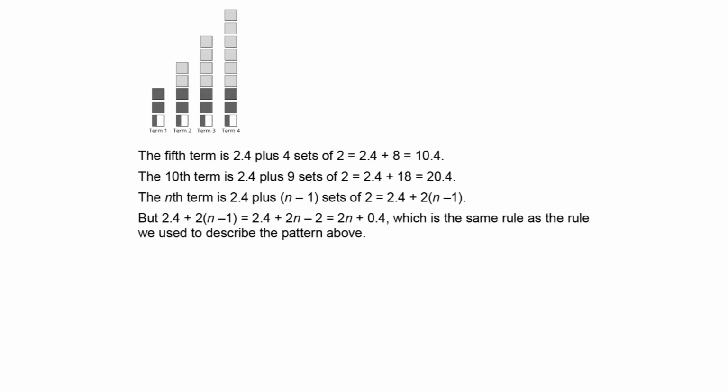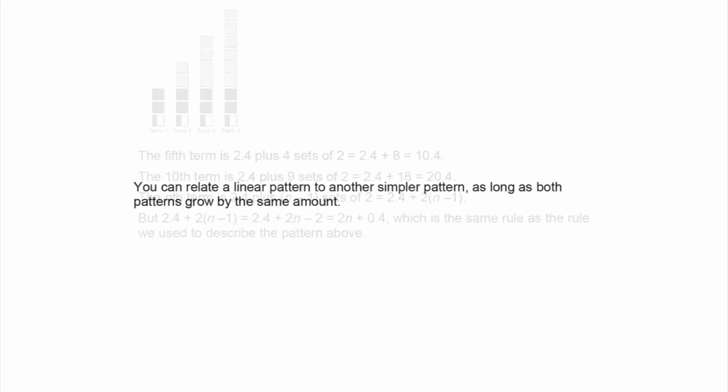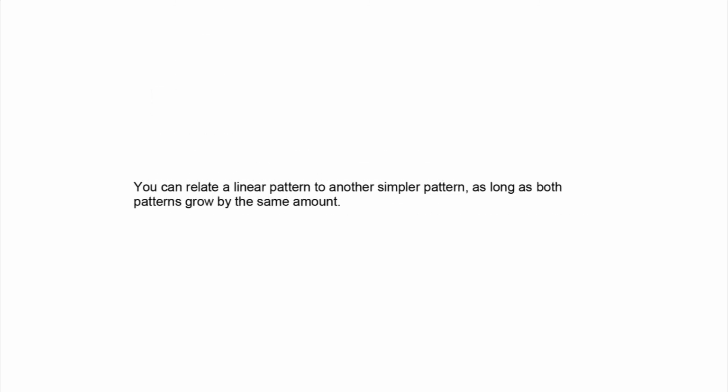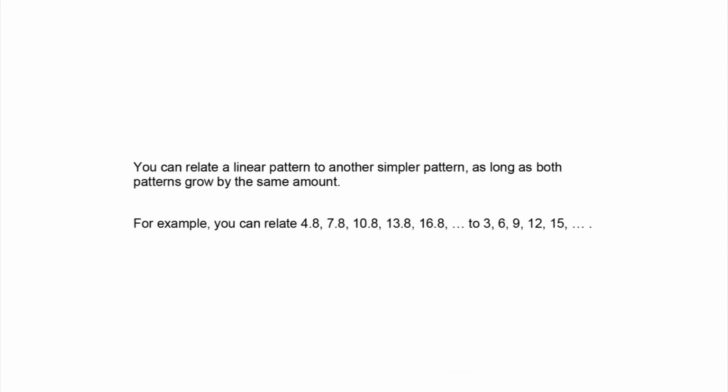You can relate a linear pattern to another simpler pattern as long as both patterns grow by the same amount. For example, you can relate 4.8, 7.8, 10.8, and so on to 3, 6, 9, 12, and 15 because the interval between each one of them is always increasing by 3, which is the same interval as we have here.